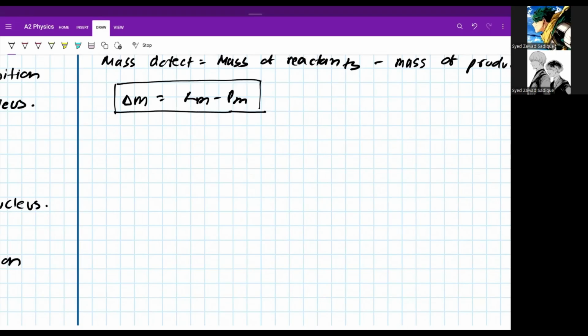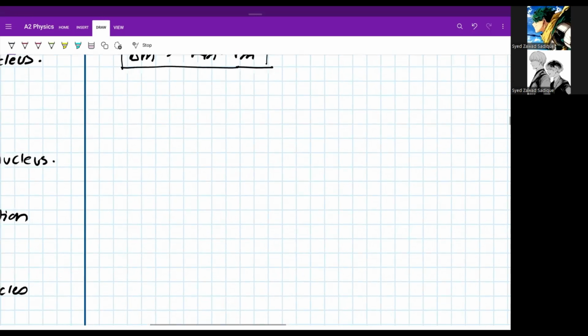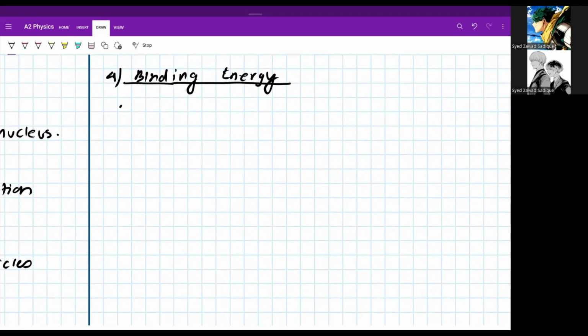Now, number four, binding energy. This is mainly the place where we use our formula from concept number one. So binding energy is calculated using E equals delta m c squared, where delta m is the mass defect.